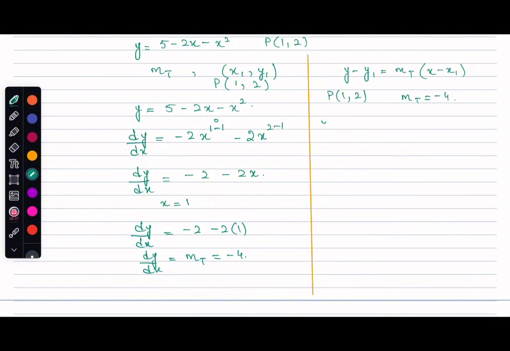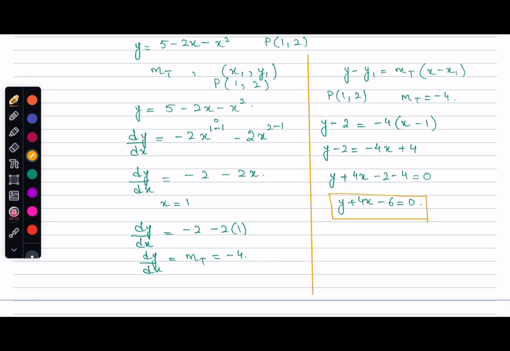In the straight line equation, if I substitute y1 as 2, the gradient as negative 4, and x1 as 1, I have y minus 2 equals negative 4x plus 4, or y plus 4x minus 2 minus 4 equals 0, or y plus 4x minus 6 equals 0. This is the equation of the tangent to the curve at point P, which has coordinates 1 comma 2.